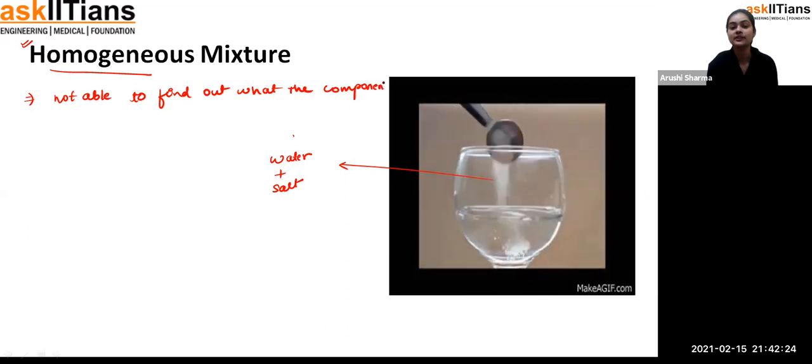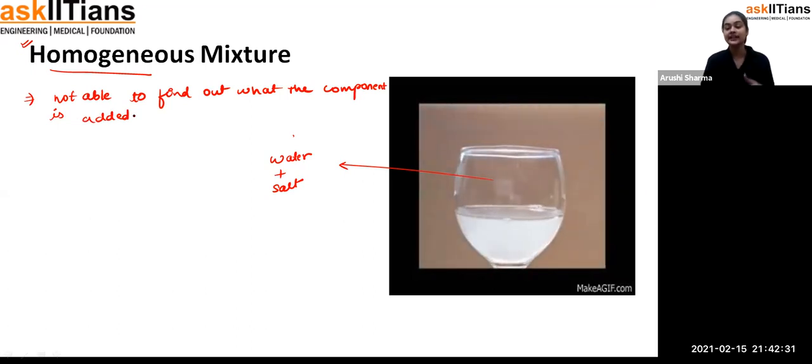So when you mix something in such a way that it dissolves completely, after complete dissolution you will not get an idea of what exactly you have added into it.